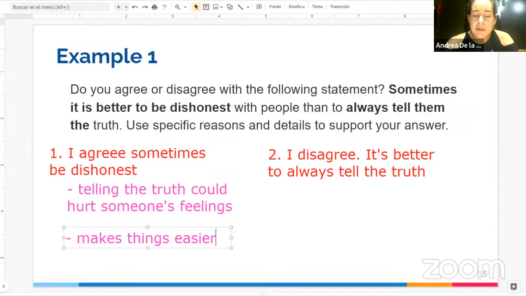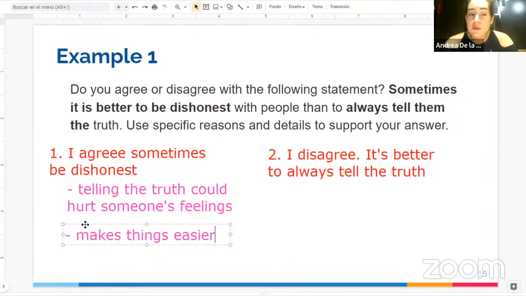Now, the reason why I'm asking you this, and why you have to ask yourself too, is that you have to think of situations. Think of a situation where you would tell the truth to somebody and hurt their feelings. For example, maybe somebody is trying on a dress and you don't think it really suits that person.